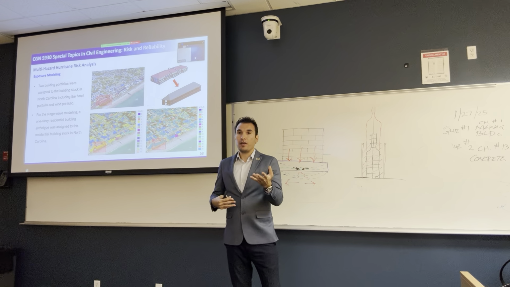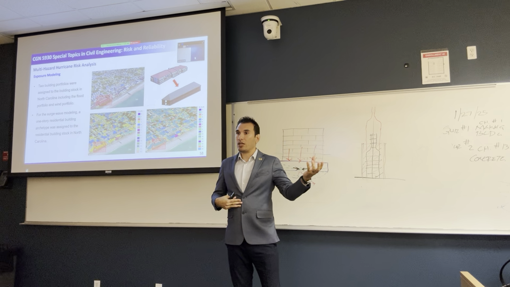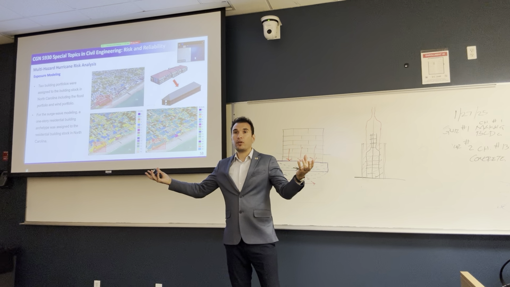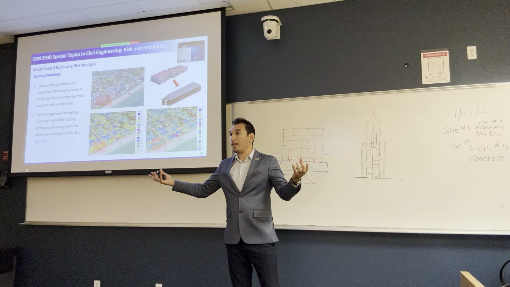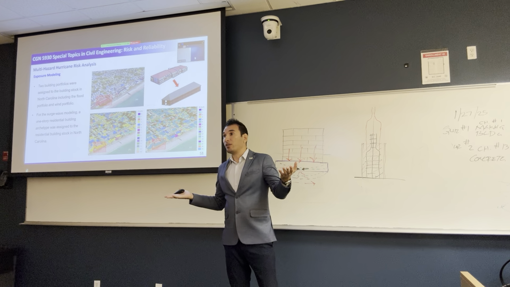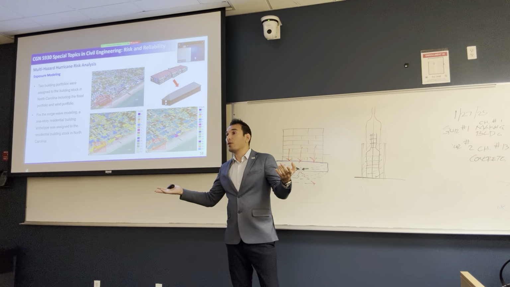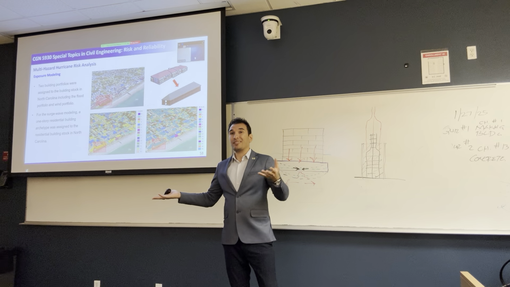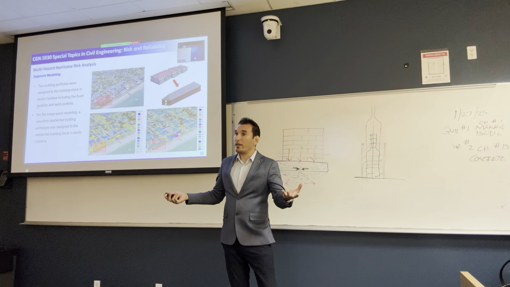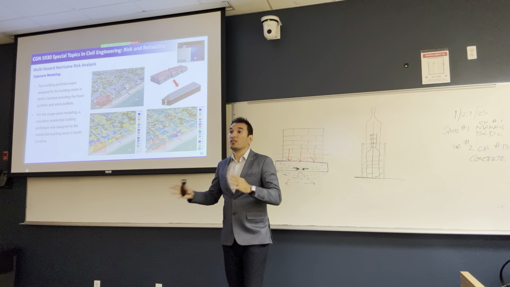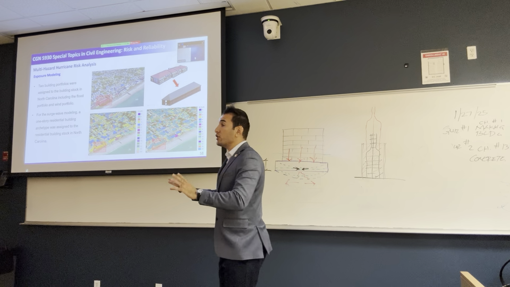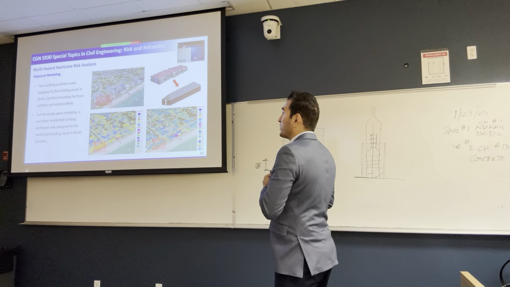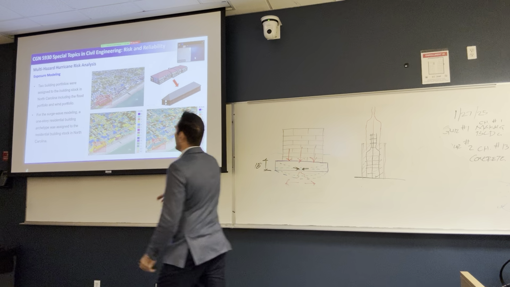Like roof shape is very sensitive when we do wind damage analysis, but roof shape is not sensitive when we do flood damage analysis. Foundation type or foundation elevation is sensitive when it comes to flood damage, but it's not that sensitive when it comes to wind damage. So every hazard is going to have its own archetype. So we need to get the archetypes corresponding to each hazard and assign them to the community.